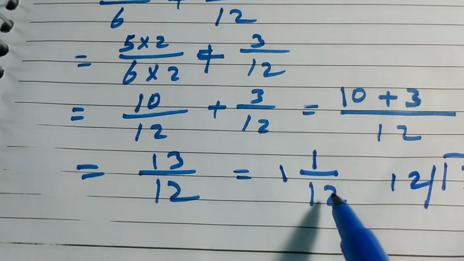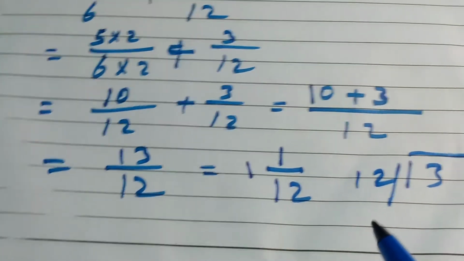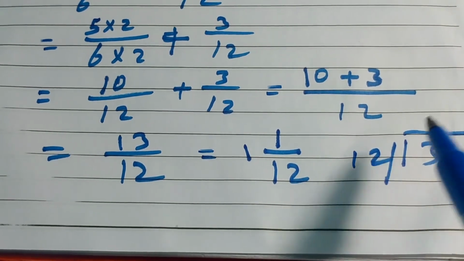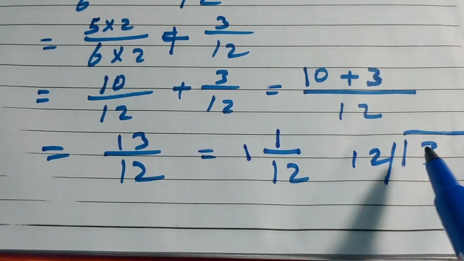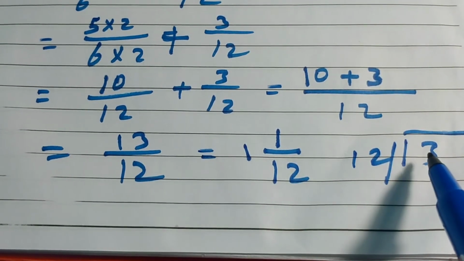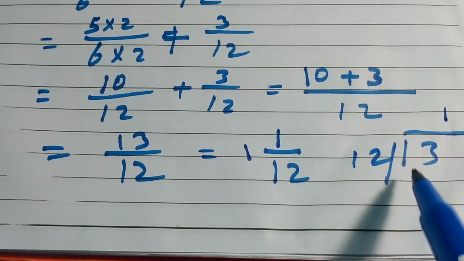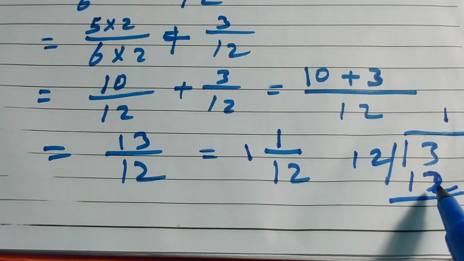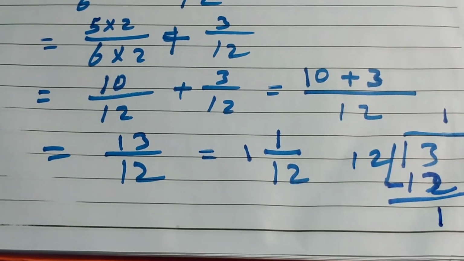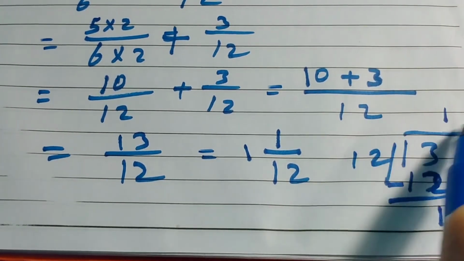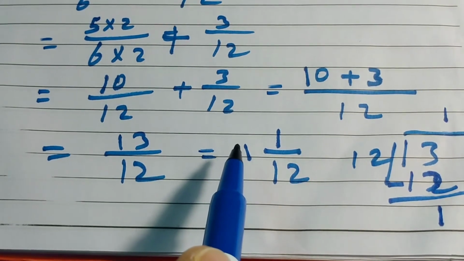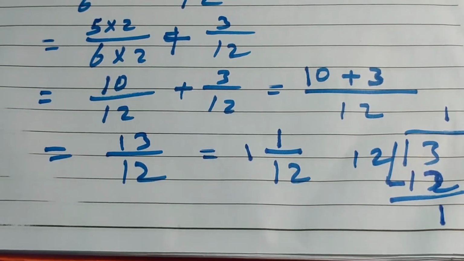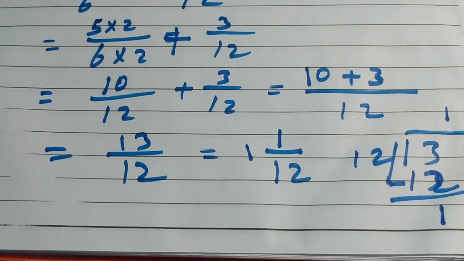Because it was simple, I did it directly. But let me explain a little how I wrote this. 12 times 1 equals 12. 12 times 2 is 24, which is bigger than 13. So 12 times 1 equals 12. 13 minus 12 equals 1. So I write this 1 as the whole, and this remainder goes over the denominator of the given fraction. Okay my dear, so this will be our answer.